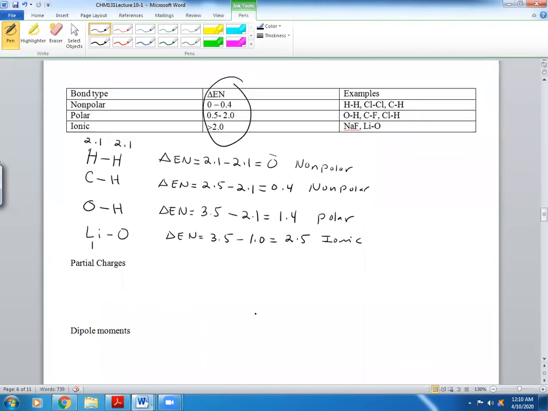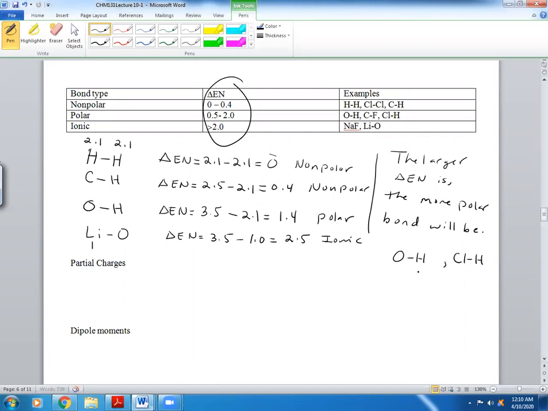You need to remember one thing, and write this on the side here: the larger delta EN is, the more polar the bond will be. So if I compare OH and ClH, which one is more polar?